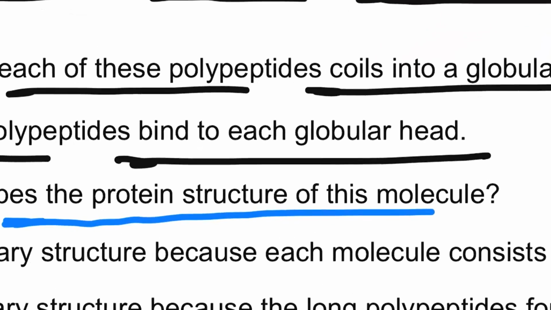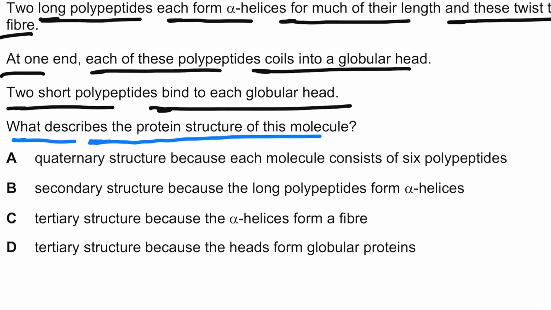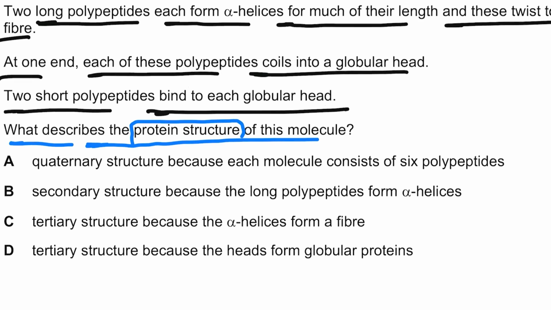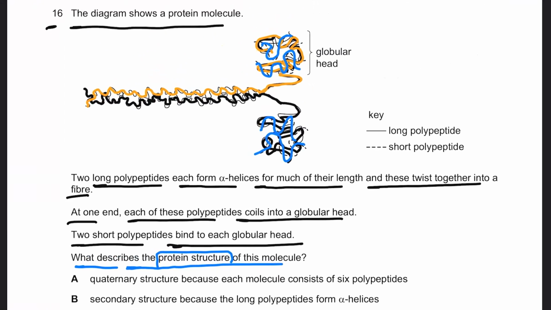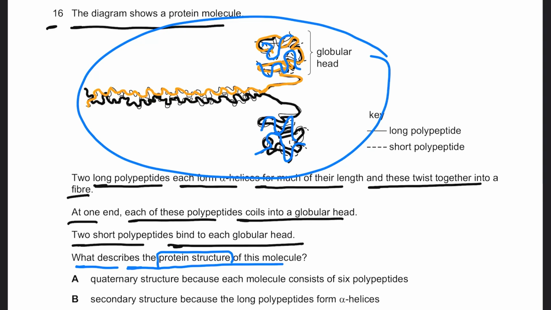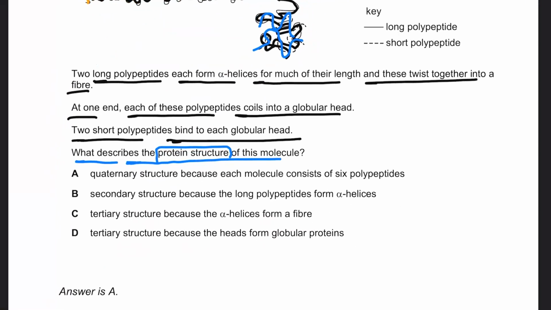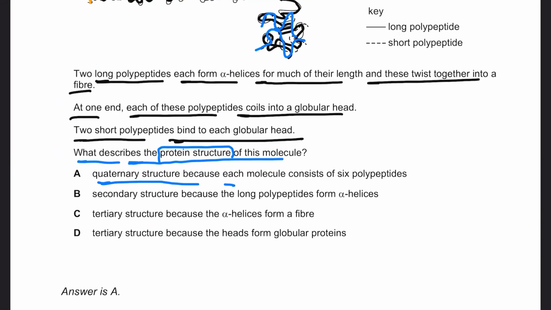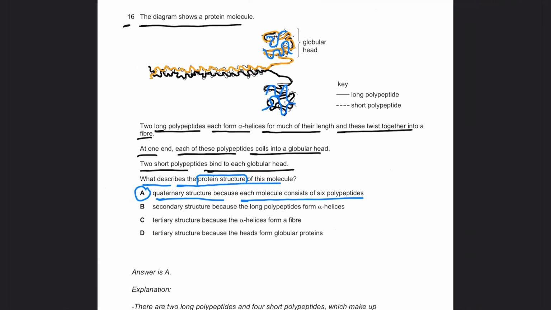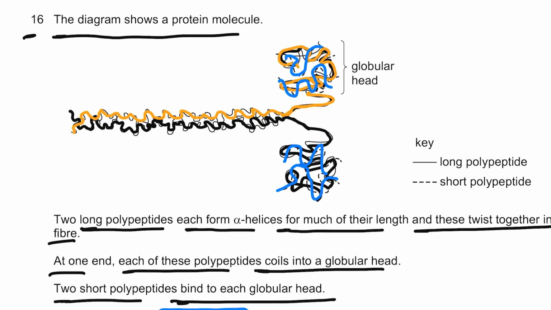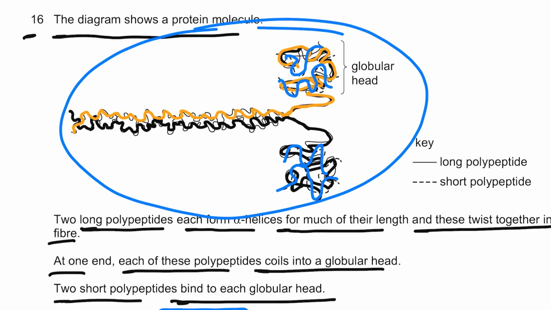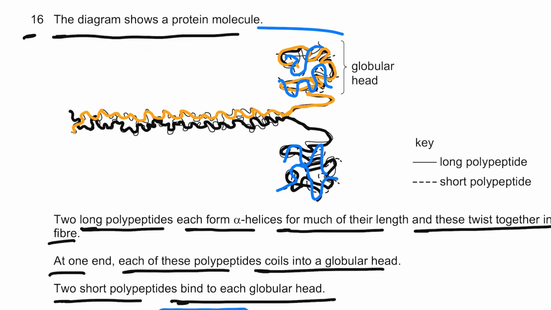We have to select that statement which will describe the entire protein and not just a single chain. Quaternary structure, because each molecule consists of 6 polypeptides. Yes guys, this is the right answer, because the best description for the entire molecule is the quaternary structure, because there is more than one polypeptide chain.